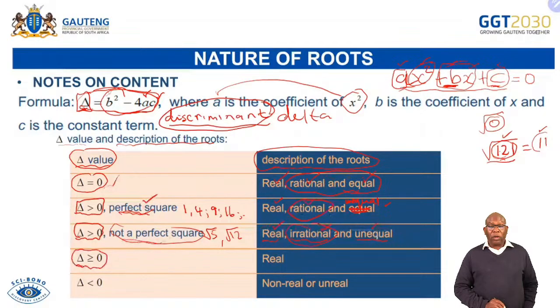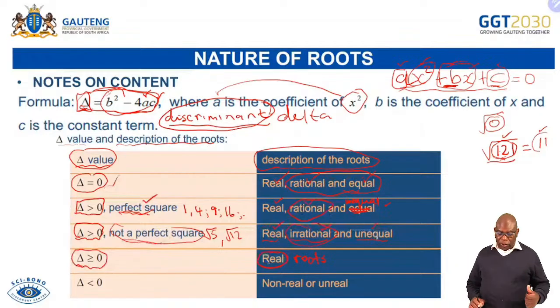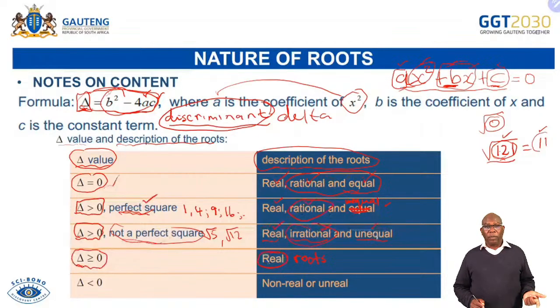Now, when delta is greater than or equal to 0, remember, we have a combination of these two. We're going to have real roots. So either the roots can be irrational or the roots can be rational, correct?